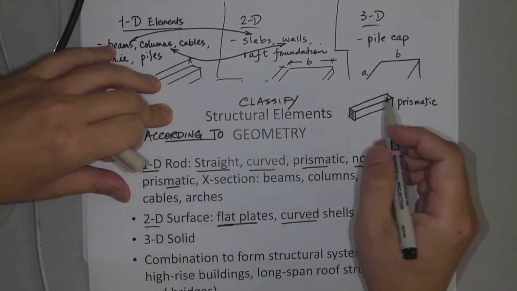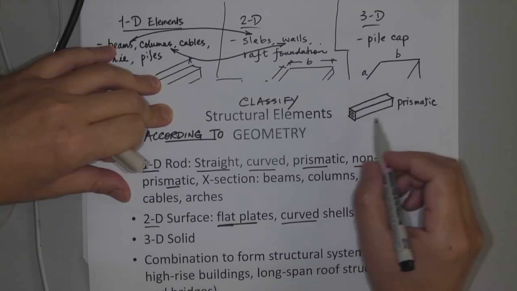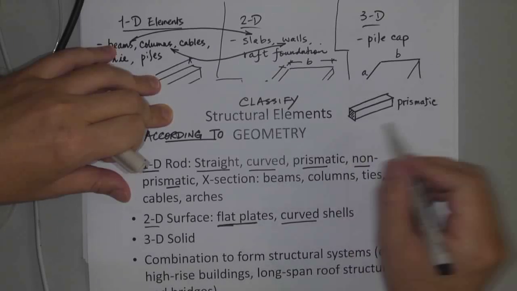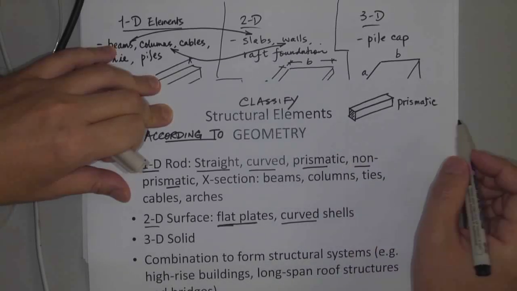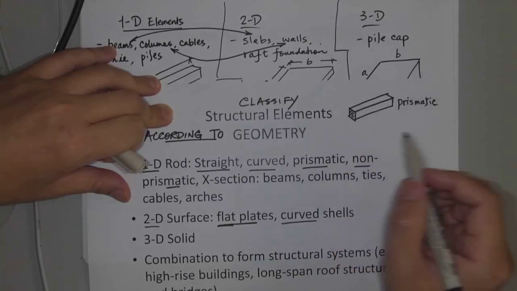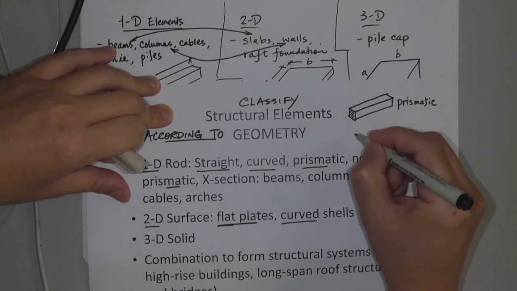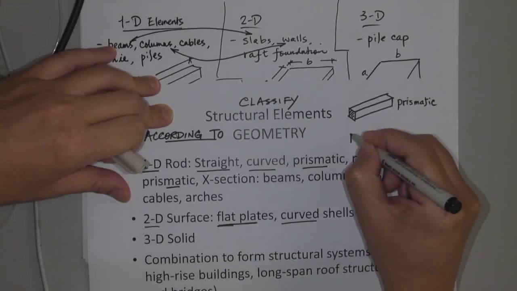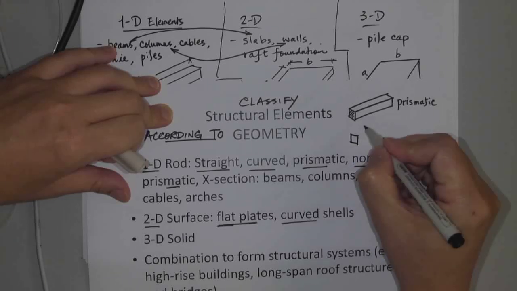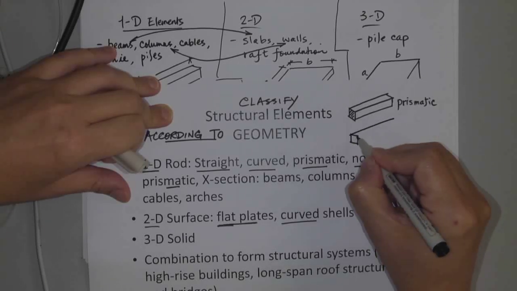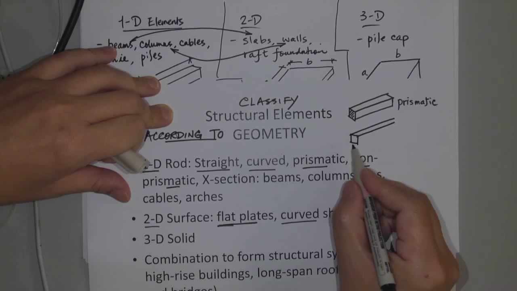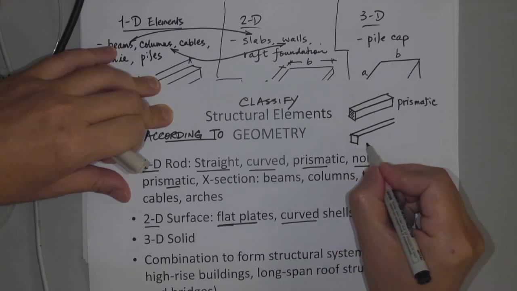But very often in building structure, you can see everywhere, it's very common, you have non-prismatic beams. What we mean by non-prismatic is that the cross-section is not the same everywhere. It changes. So how does it look? Well, one simple example is you have the same beam here, same cross-section, but then the cross-section gets larger towards the other end.